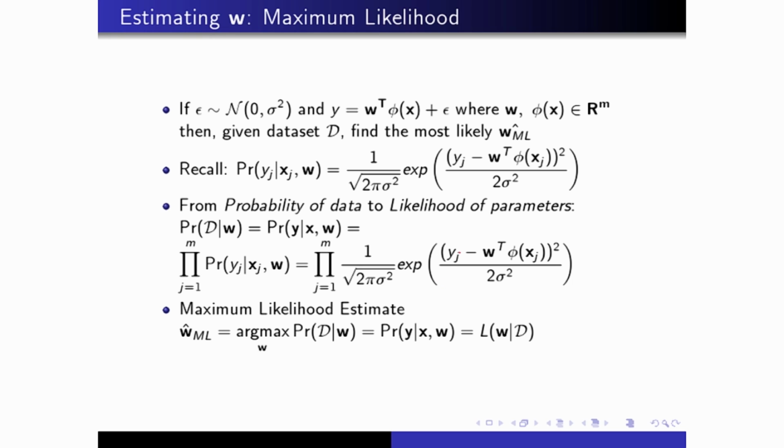I've also made an important but a very commonplace assumption that the examples j equals 1 to m are IID. What is IID? They are independent.